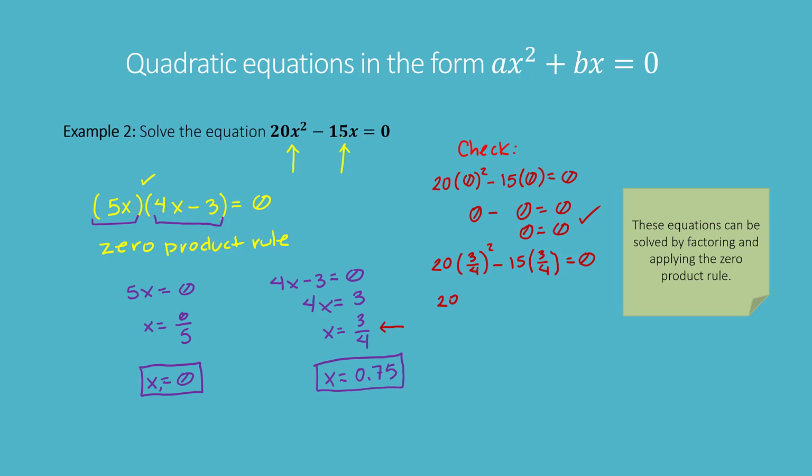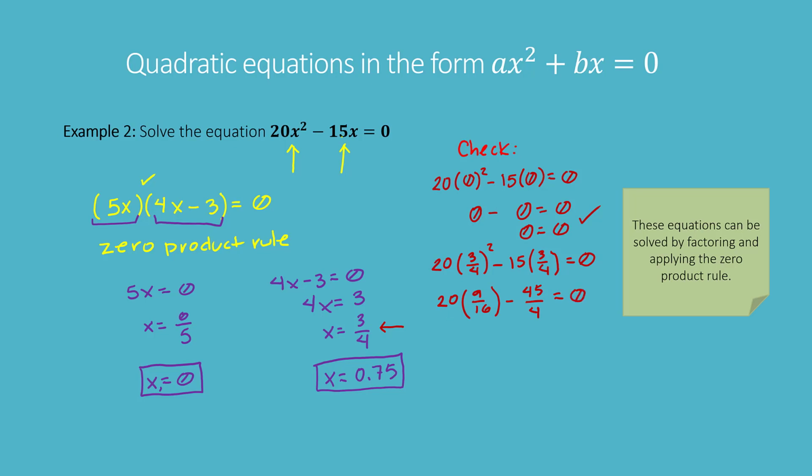Okay, 20 times the square of 3/4 is 9 over 16, minus 15 times 3/4. 15 times 3 is 45 fourths, equals 0.